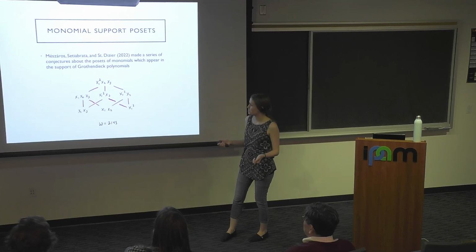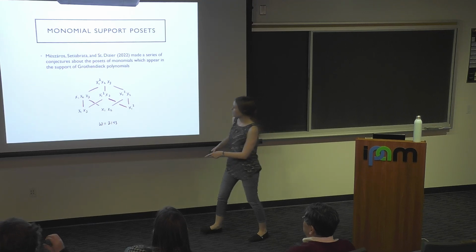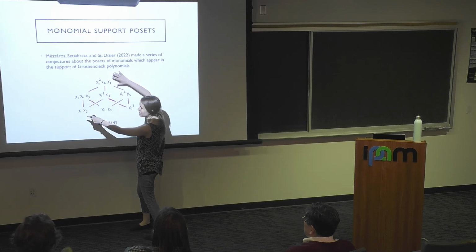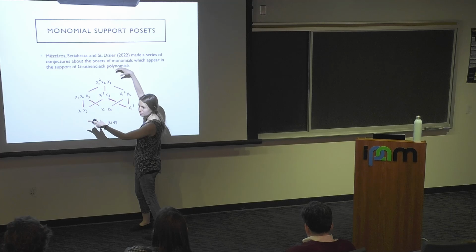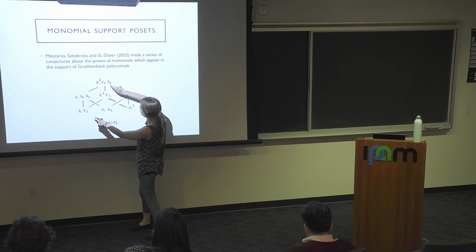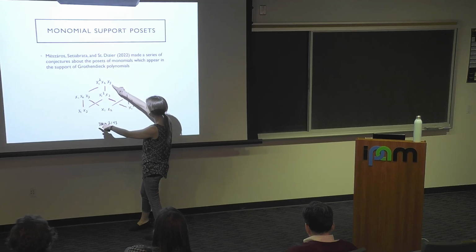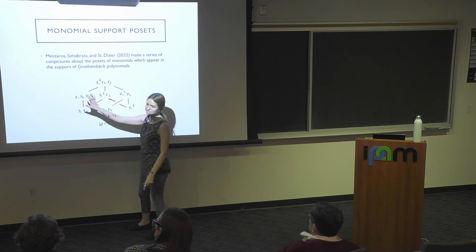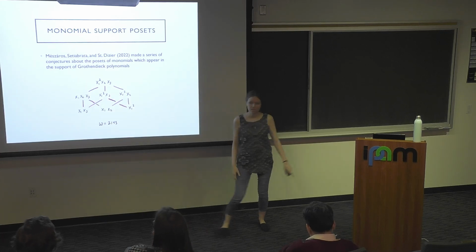Or I can climb up by exactly one step. There's something 1 degree higher. Or if I take two monomials in the support, everything that is in between them, here x1 x3, x1 squared x2 x3, I should expect to see any monomial that sits between these actually inside of the support.